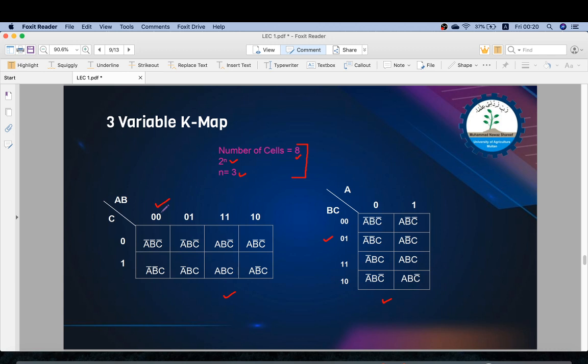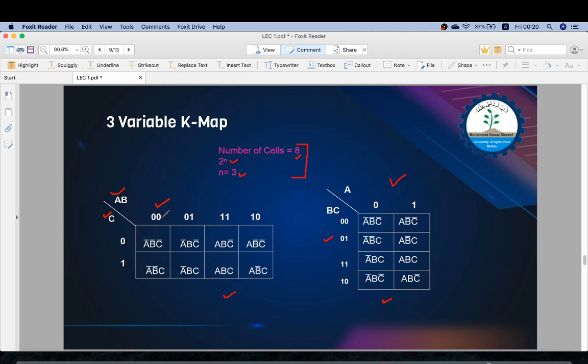These expressions are simple: 00, 01, 11, 10 combinations. So this is a 3 variable K-map. There are A, B and C. The number of cells is 8, and there are 8 cells in the vertical K-map too.